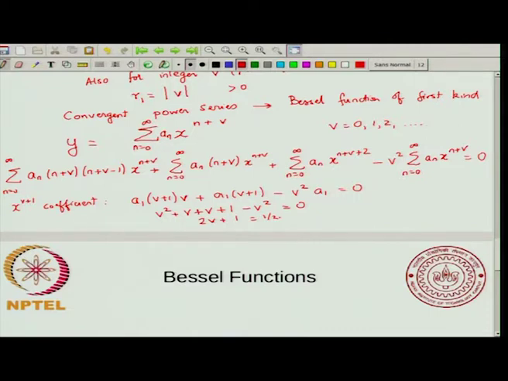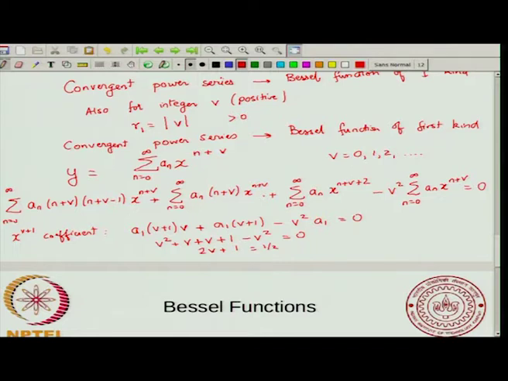In other words, when you set the coefficient of x raised to v plus 1 to be 0, you get this relation, 2v plus 1 equal to 0, and you get v equal to minus half.